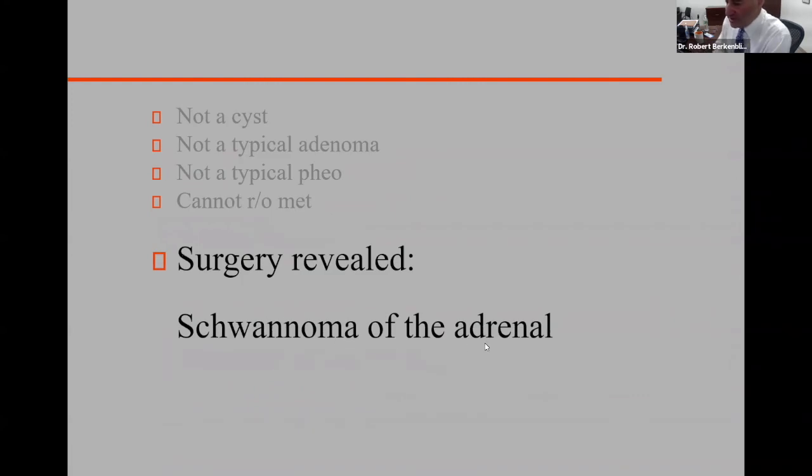I'm sorry, I don't show this case so that you include schwannoma in your differential, but I include it to give you a feeling for the thought process, the imaging algorithm of how to go through the various studies that this person had and how to reach a conclusion that eventually led to surgery.